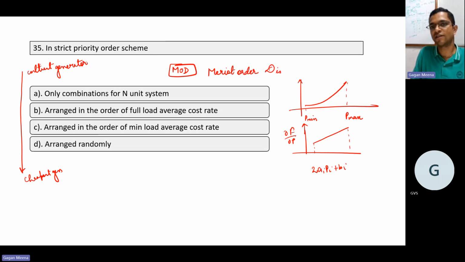On a monthly basis, these load dispatch centers create this merit order dispatch, which is based upon this concept only. Based upon their variable cost, they arrange the generators in order of the variable cost, and they have that list with them.